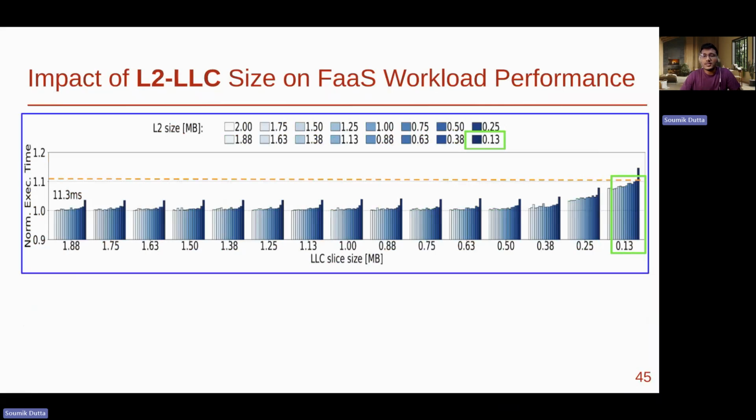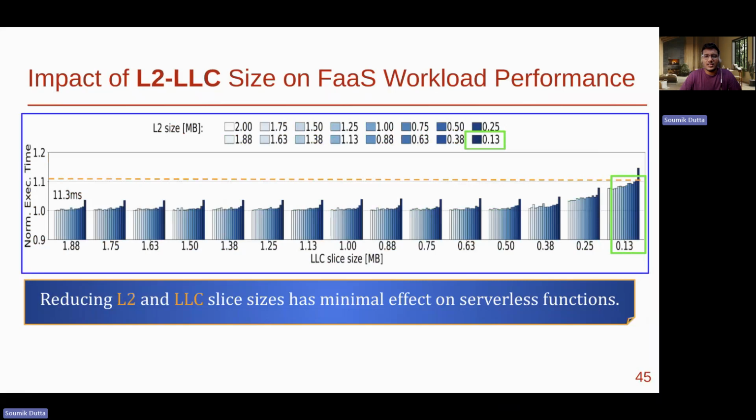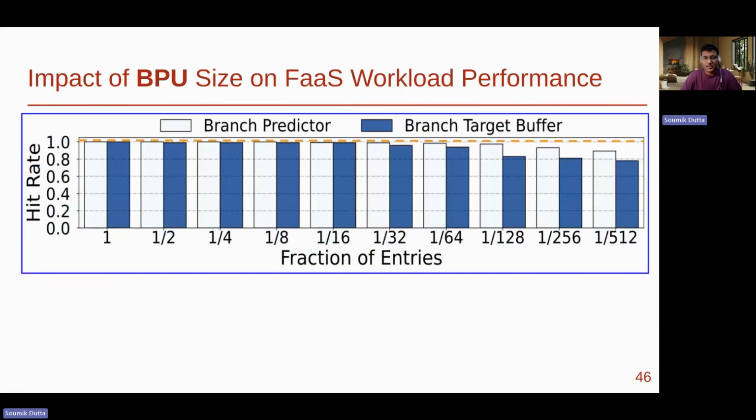But from the graph we can see that, despite that much reduction in L2 and LLC slice, the execution time effect is very minimal. That is, reducing the L2 and LLC slice sizes has minimal effect on serverless functions.